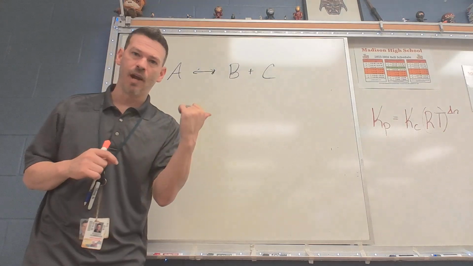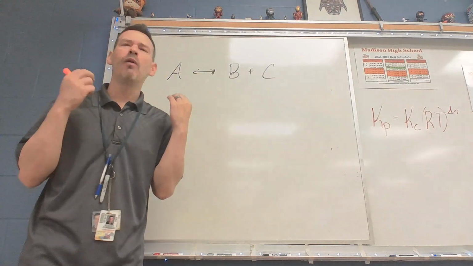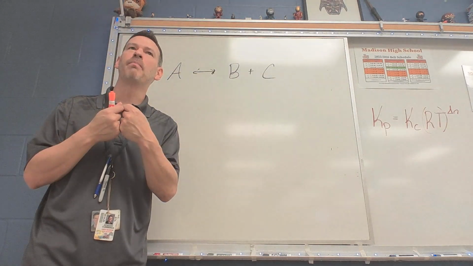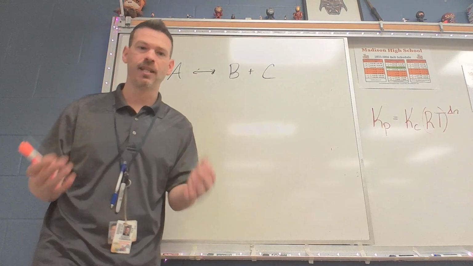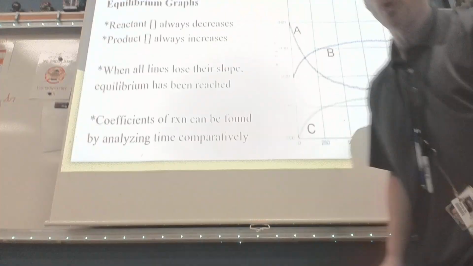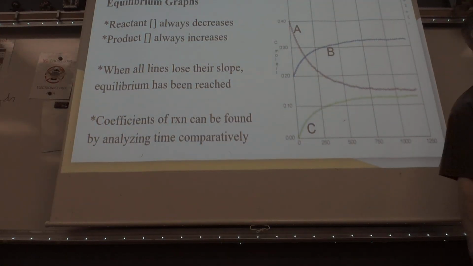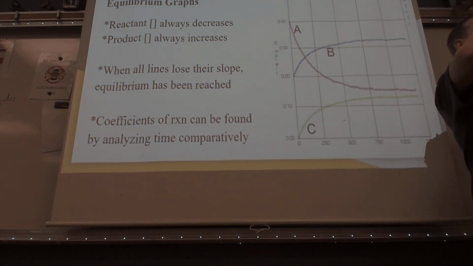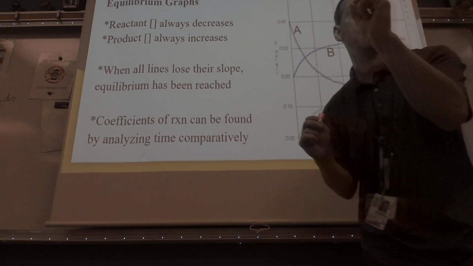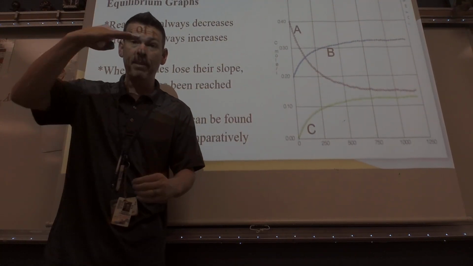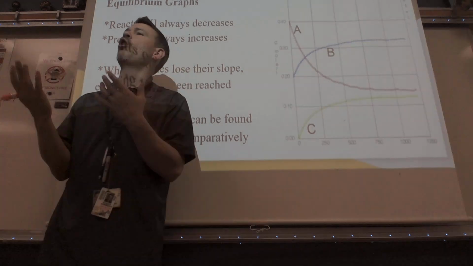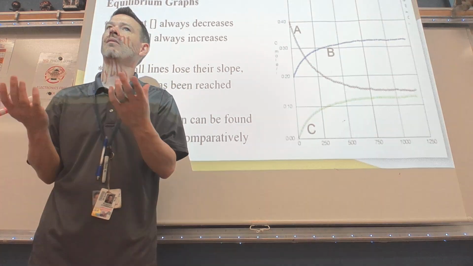Another thing I can figure out from my graph is at what point did equilibrium happen? How long did it take for the reaction to stop? Well, if you look back, what you're looking for in order to figure that out is you're looking for plateaued lines. You're looking for the moment that all three, in this case, of the substances plateaued, which means they no longer were changing anything.